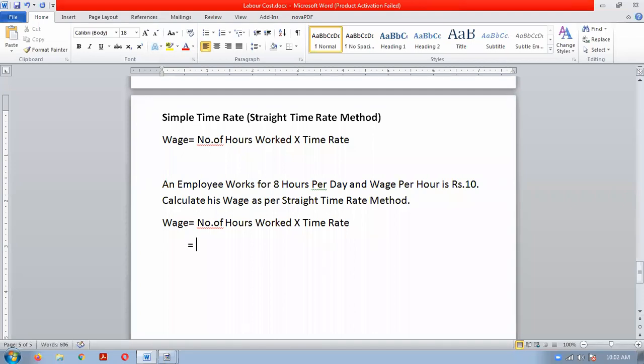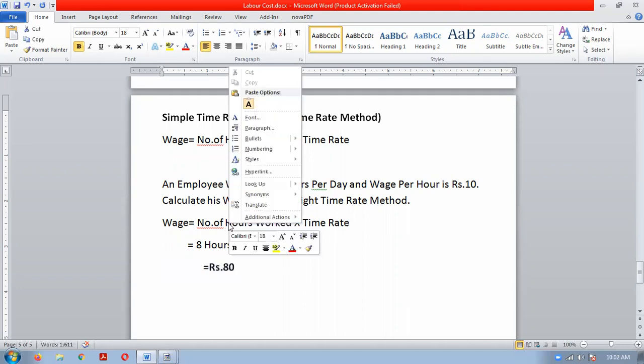He is working for 8 hours, and wage per hour is ₹10. So his wage will be ₹80. Okay, 80, correct. Simple time rate. So note this, or straight time rate method.